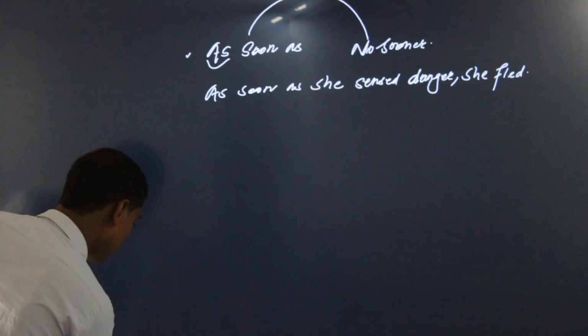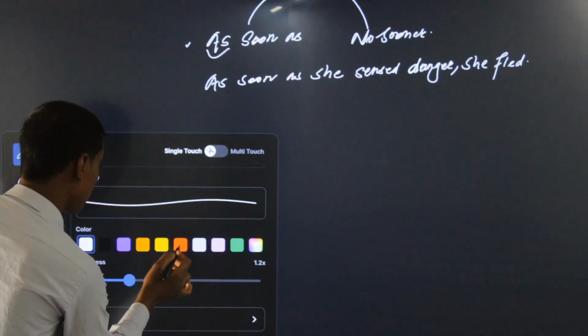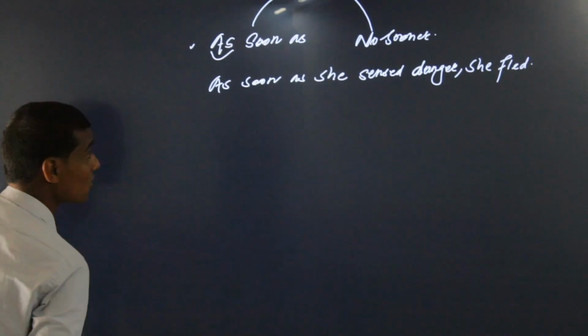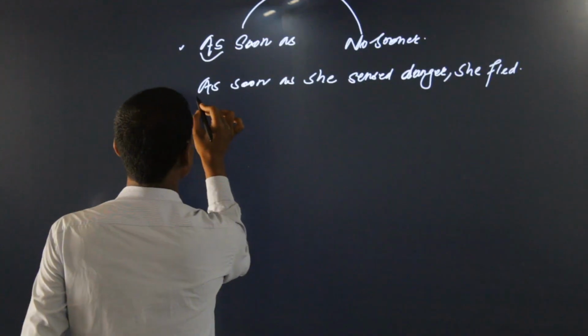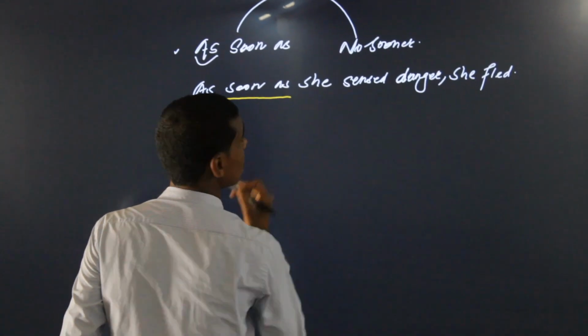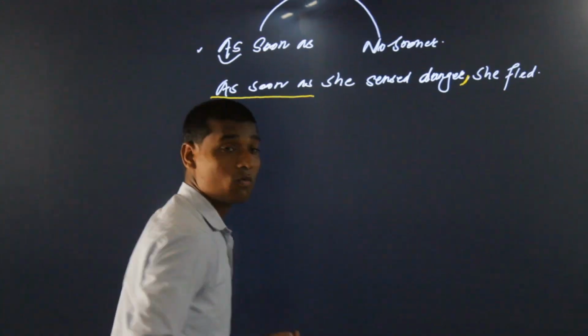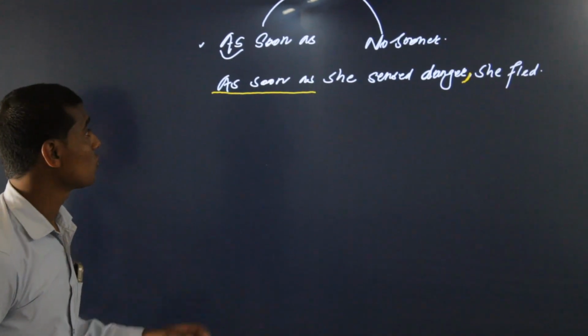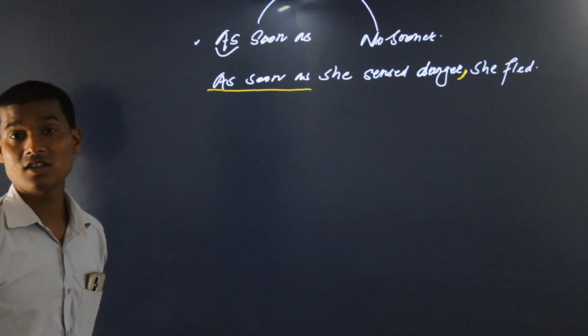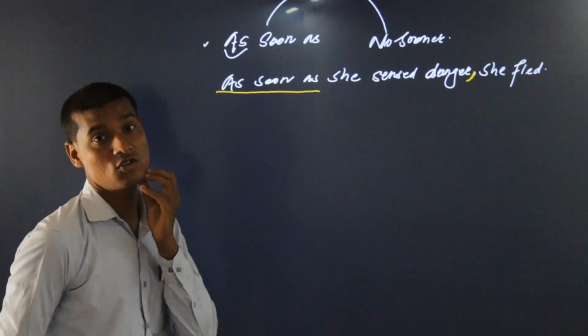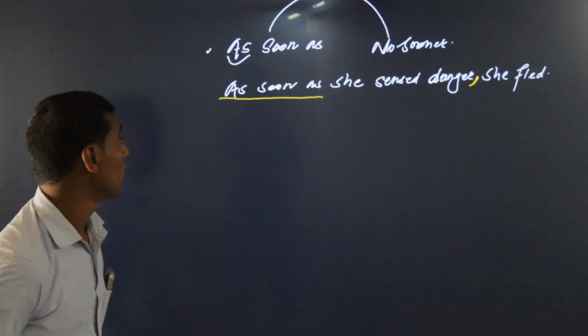Now, let's understand. We have "as soon as," and we have a comma over here. Now we are going to change the structure of the sentence using "no sooner."